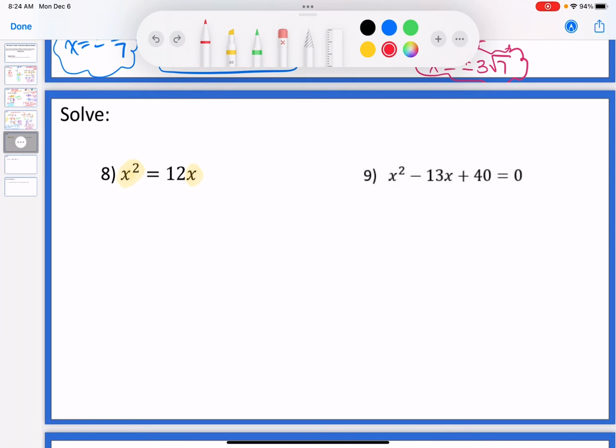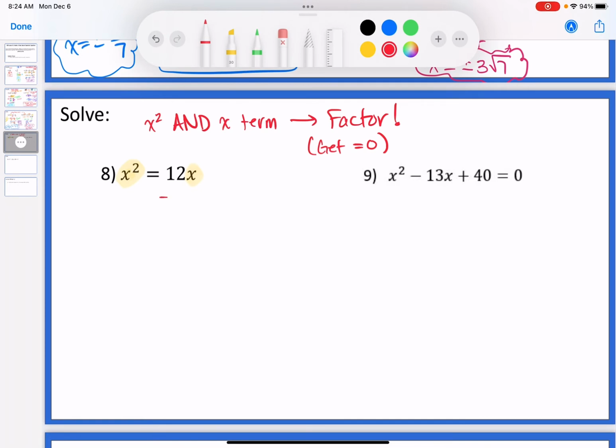So on this one, when I have x squared and an x term, that means I need to factor. And when I factor, I have to get it equal to 0, right? My equation has to equal 0, has to be in standard form, and then I can factor it.